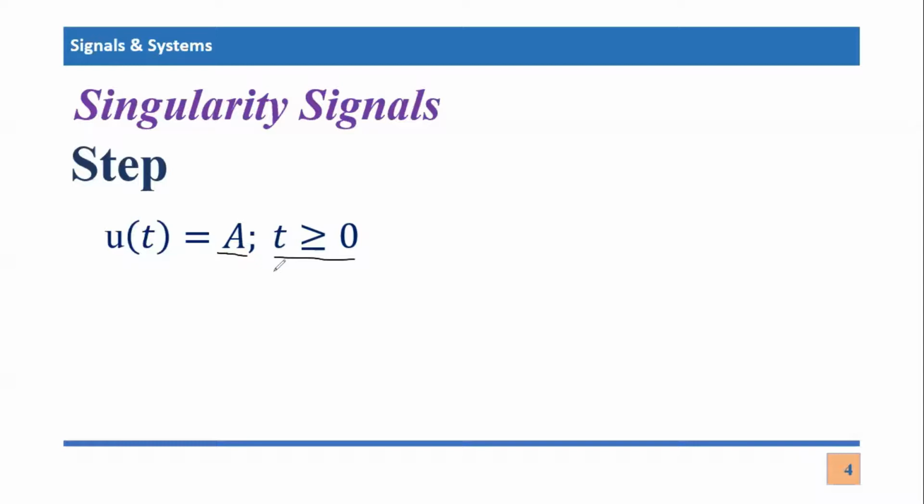So the signal values start from 0 and go to plus infinity, and in between you have a signal value equal to A. For example, if this is an x-axis and this is a y-axis, and amplitude A is equal to this value.